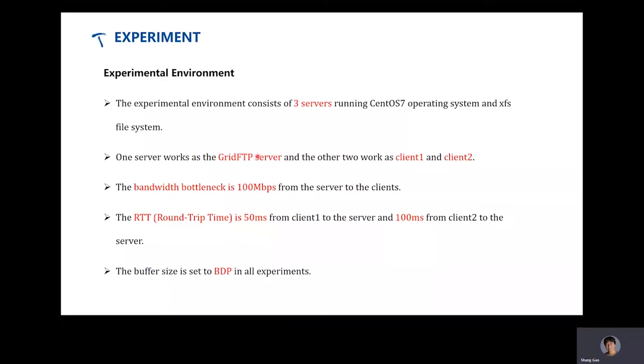One server is used as the GridFTP server, and the other 2 as the clients. The bandwidth bottleneck is 100 Mbps, and the RTT, the round trip time, is 50 ms from the client to the server.